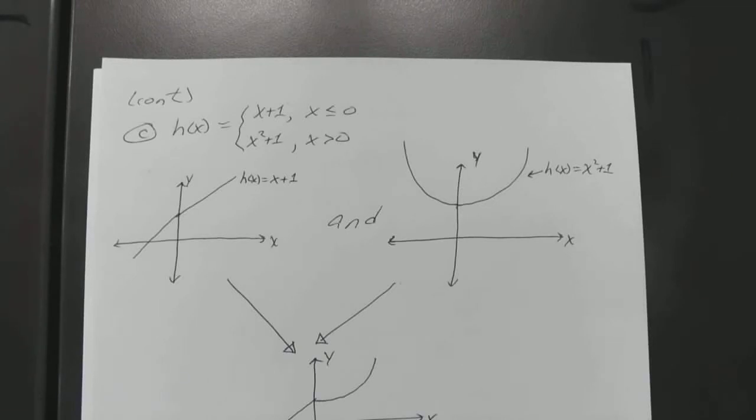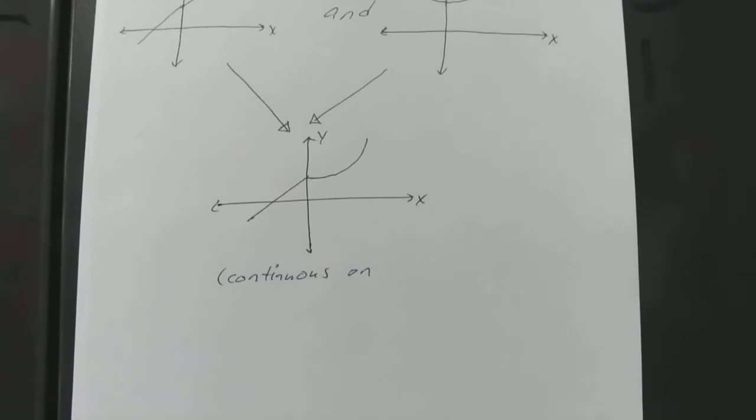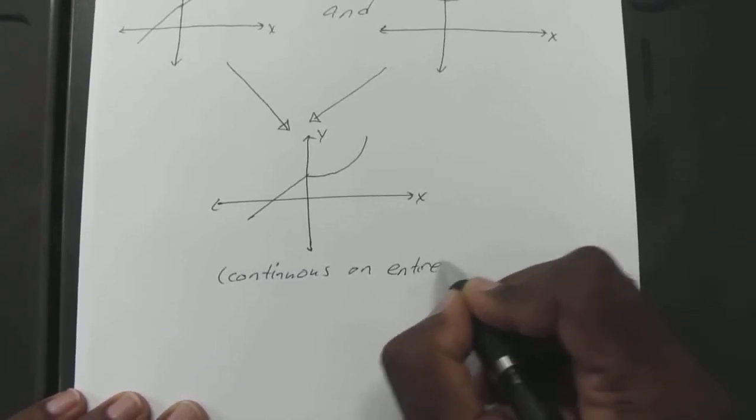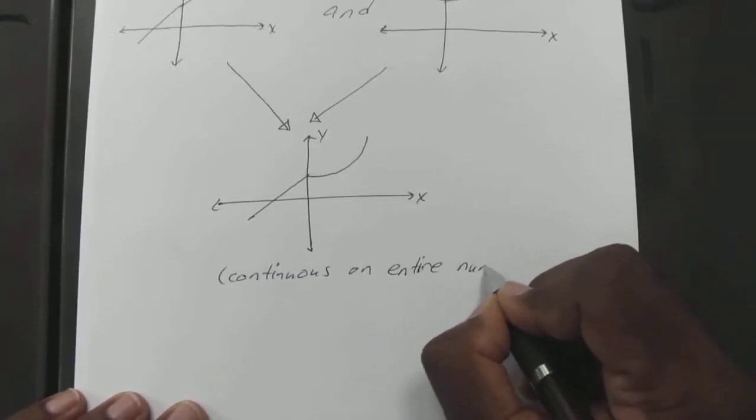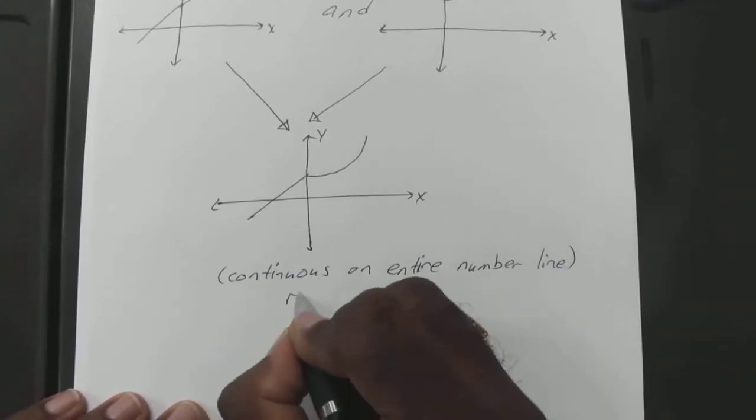Then it would have been non-removable, because there was no way to make it continuous at that point. Okay, any other questions on this one? So this one's continuous on the entire number line, and it's removable.